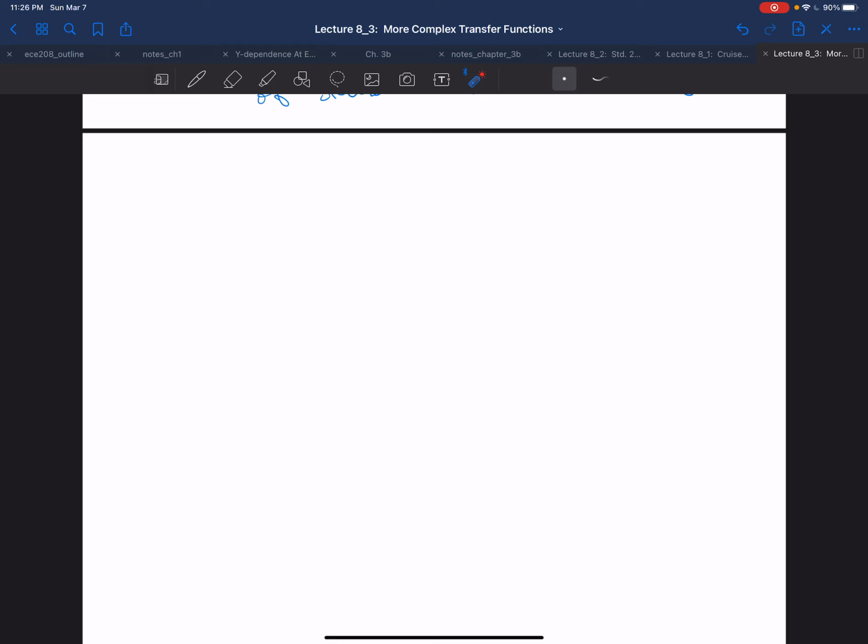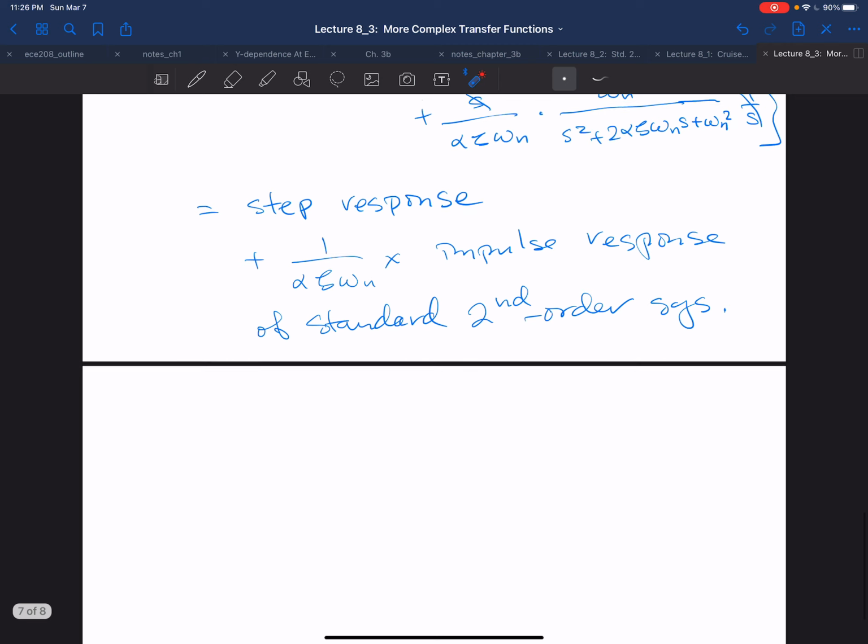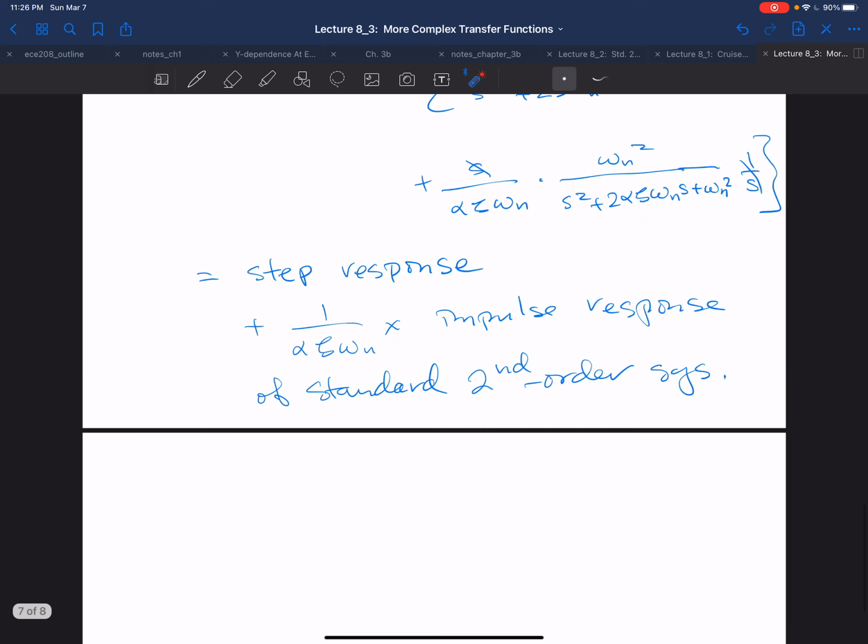Okay, so there's a plot of the kind of response that you get in the notes. I'll just point out that as, say, alpha goes to infinity, the size of this copy of the impulse response, the term by which it's weighted here, goes to 0.